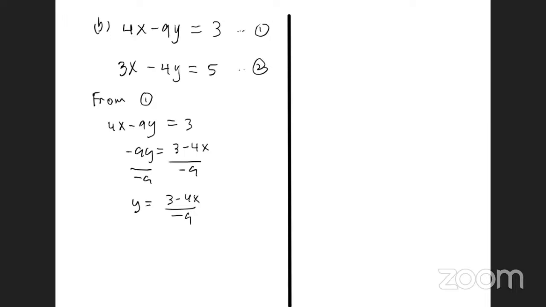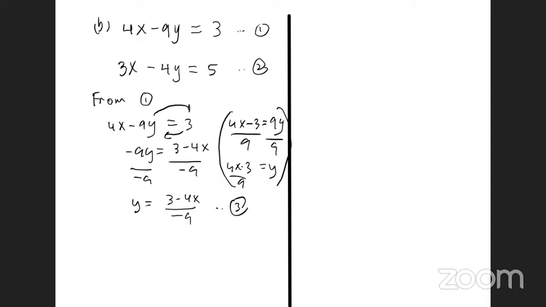The next option would have been to carry the 9y here and carry the 3 there, so I would have gotten 4x minus 3 as positive 9y, and then divide both by 9. What that will do is give you y a positive denominator. You can keep that in mind as well, but I am sticking with the negative sign.